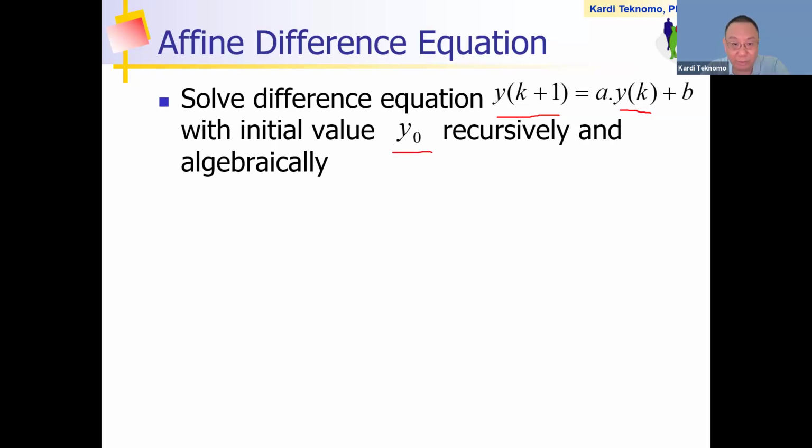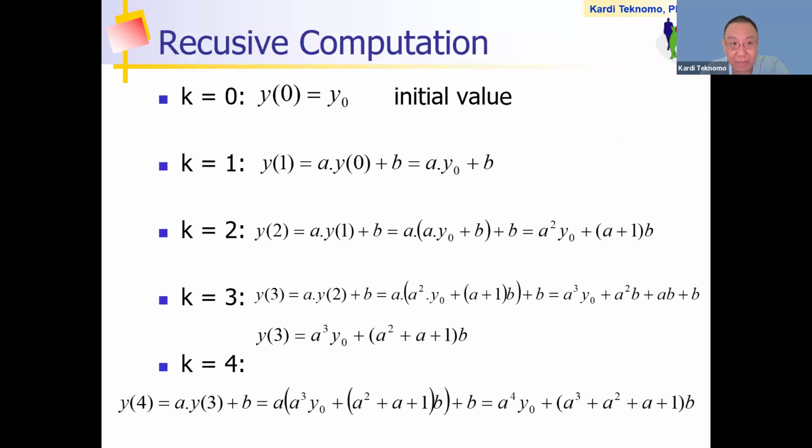So how to solve this? Simple. In the first year, or k equals 0, that is the initial value, you have y_0 equal to small y_0 here. This is given, right?